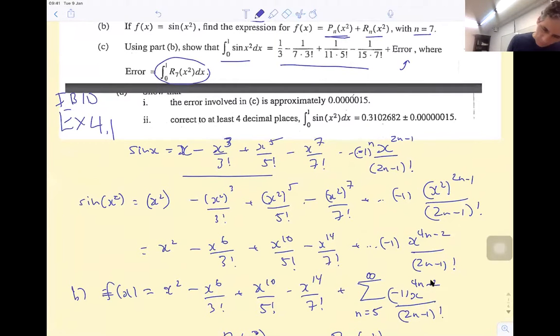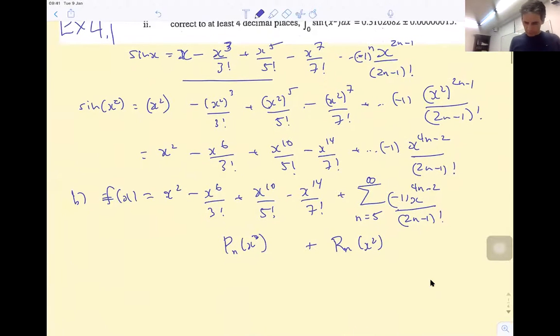In other words, this integral of this expression Rn of x squared when n is 7. So to do that, we have the integral from 0 to 1 of sine x squared dx would be the integral of all of this stuff over here. I mean, we're going to split it up into the integral of the polynomial part, plus the definite integral of the error part, which we're going to leave undone as per the question.